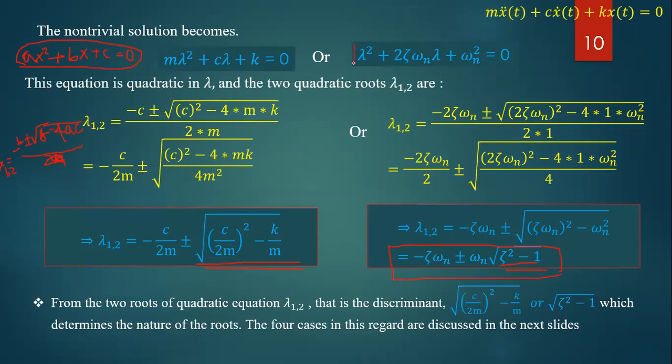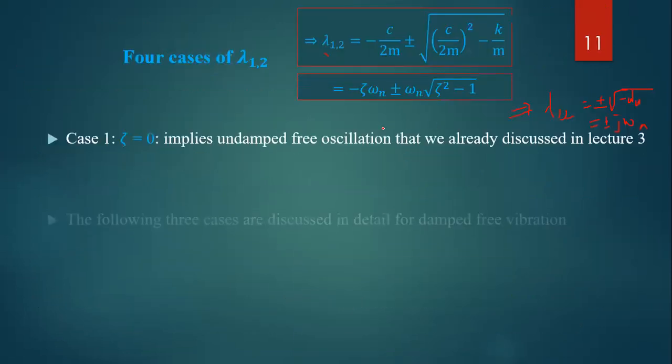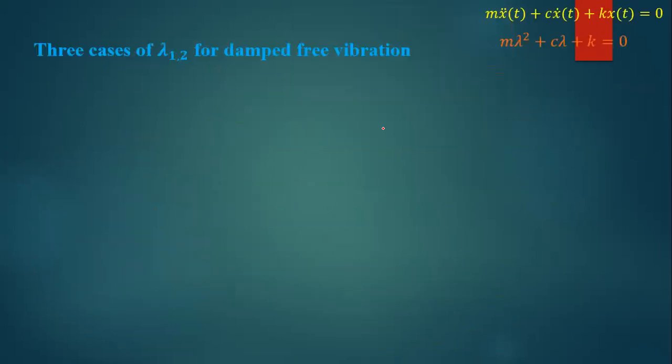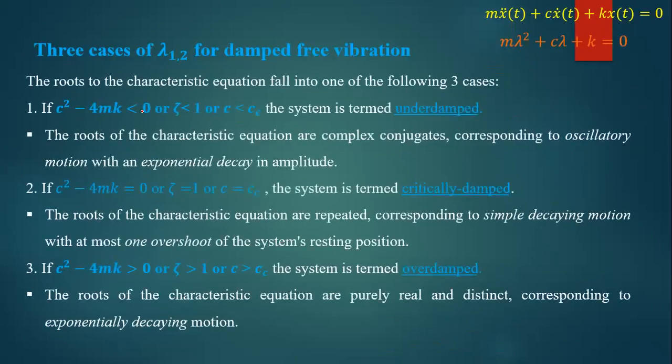This is our characteristic equation. The roots of this characteristic equation determine our analysis type. So the roots of the characteristic equation are in complex conjugate form when zeta is less than 1.